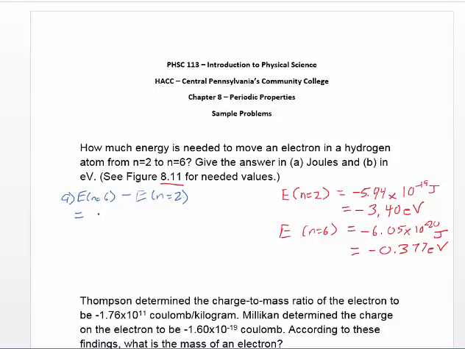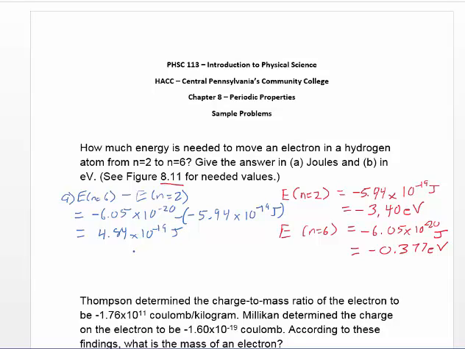For n equals 6, that was negative 6.05 times 10 to the negative 20th minus a negative 5.44 times 10 to the negative 19th joules, which equals positive 4.84 times 10 to the negative 19th joules.